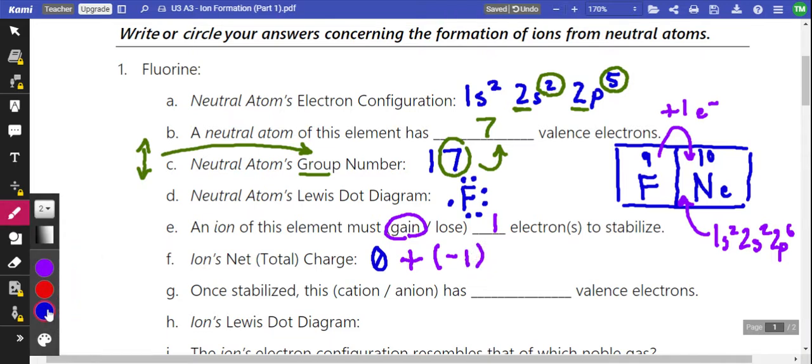If I take 0 plus -1, that gets me a total charge of -1. So this atom has a net charge of -1 when it picks up an extra electron and becomes an ion. Having that negative charge is what makes this thing an ion.